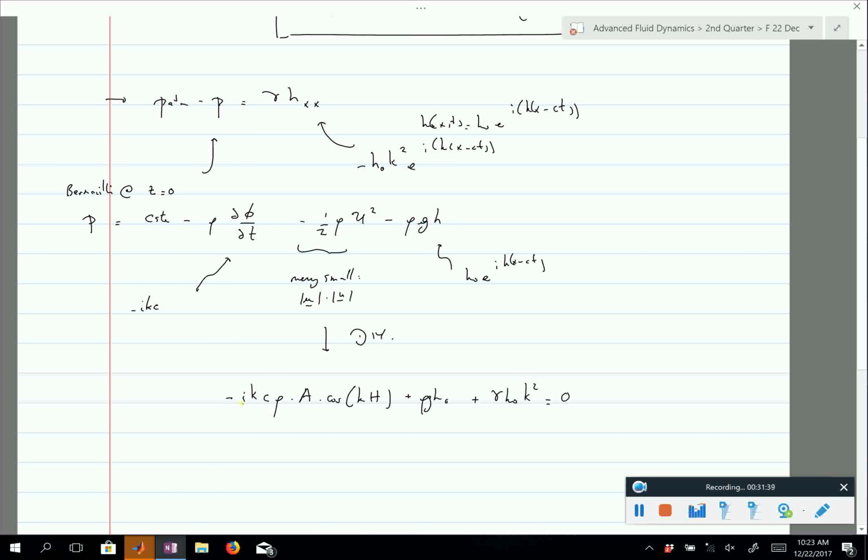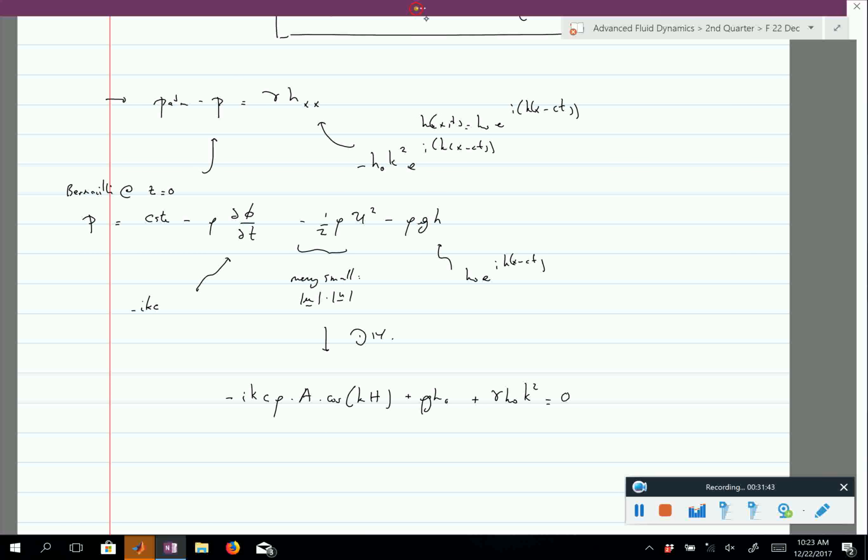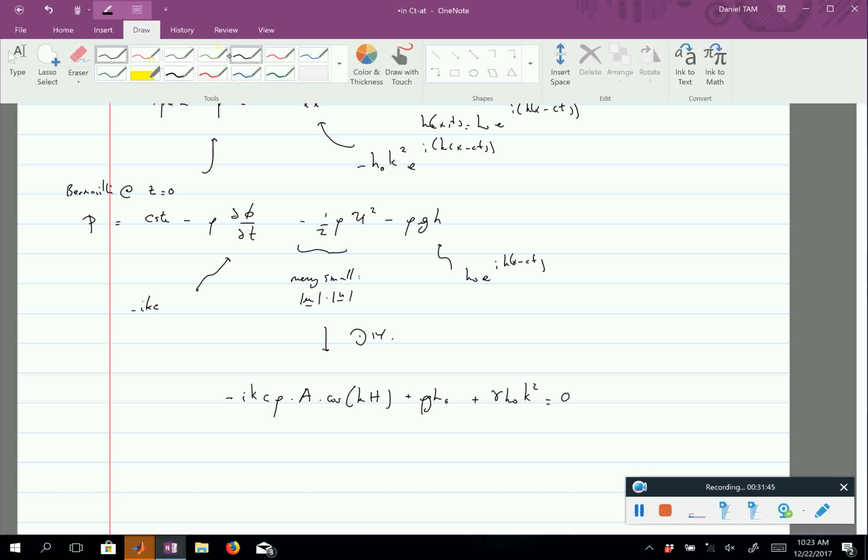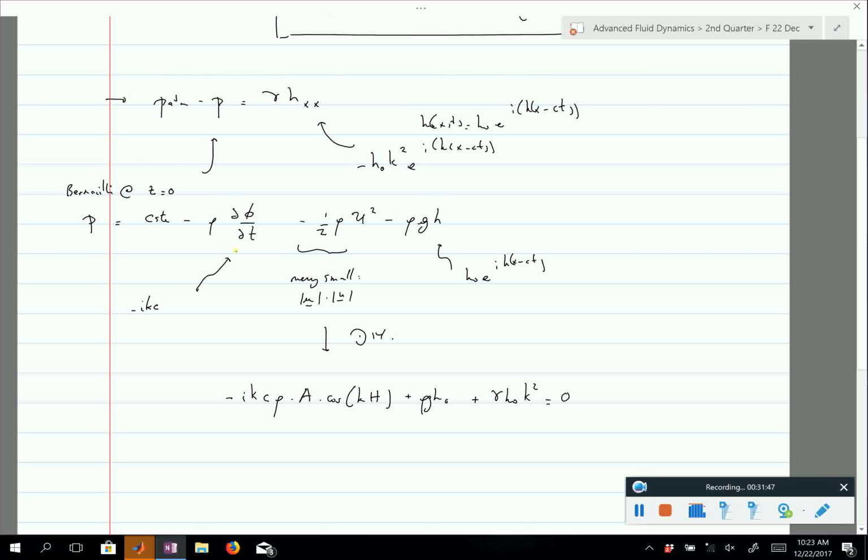So this here, I'll just put arrows so that you can see. This term, so you have the pressure here, right? So this term comes from the pressure. So those two terms come from the pressure. This term here is your surface tension term, so it comes directly from here.